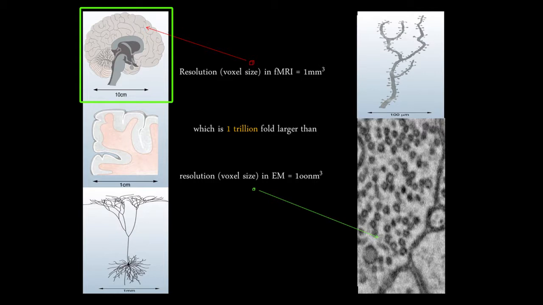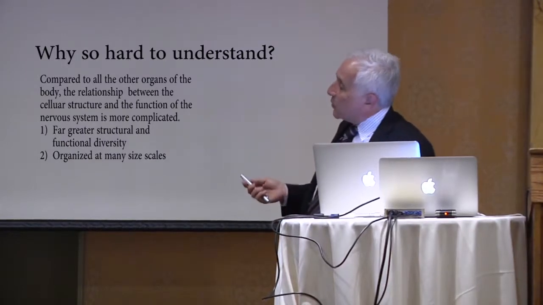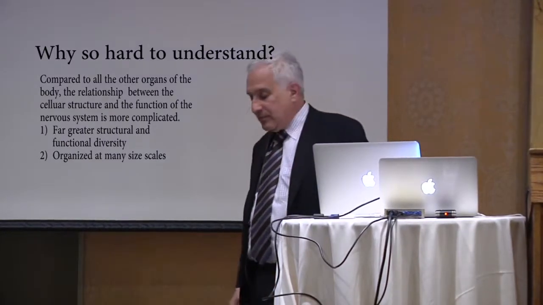Put another way, 1 trillion of these fit in each one of those. And if you want to understand a brain, you've got to understand it at this level, this level, this level, this level, and that level. And no matter how you look at it, 1 trillion is a big number. So that's the second reason it's so hard to understand the brain.